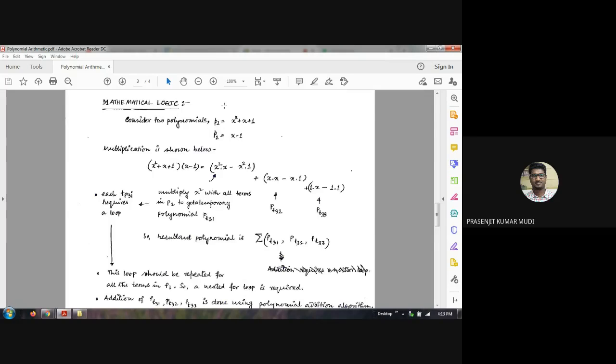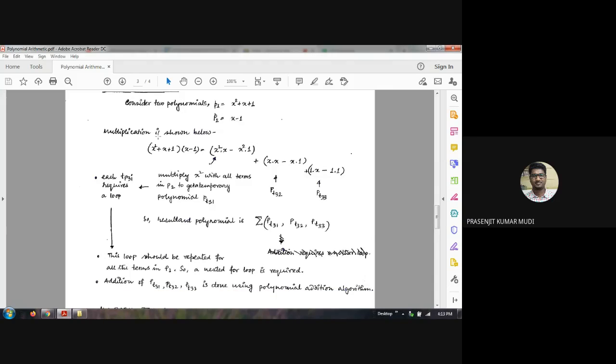If you understand the logic, you will see the number of terms in the resultant polynomial is supposed to be large, but actually the number of terms in this case is 2. What is the result? x cube minus 1. So how many terms are there in the result? 2. So the multiplication is shown below.